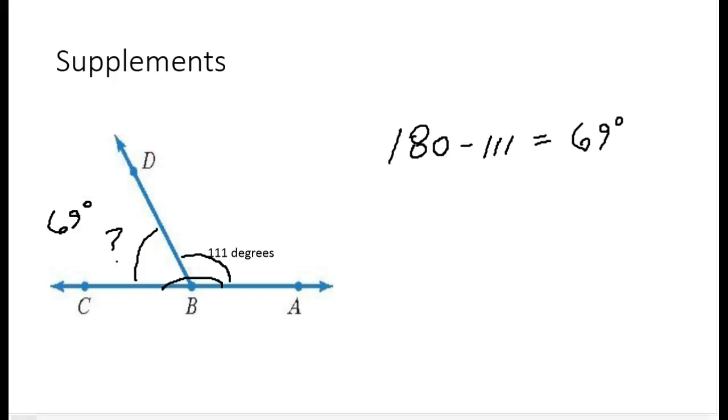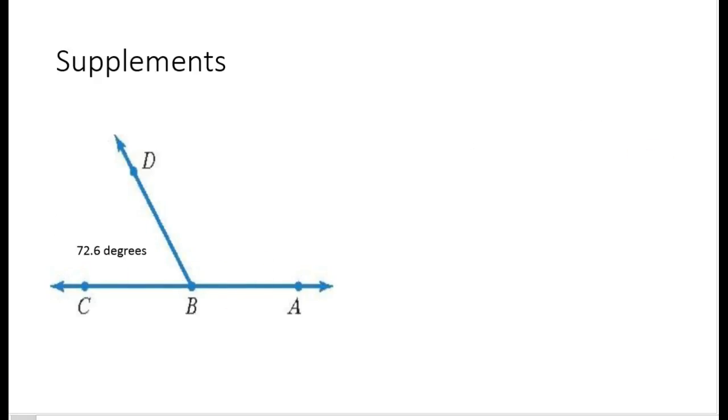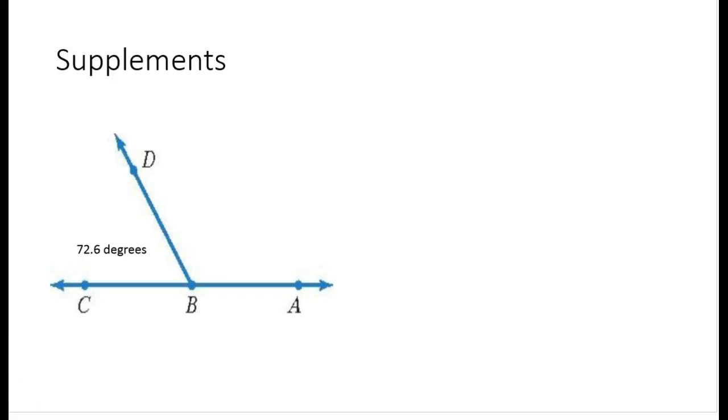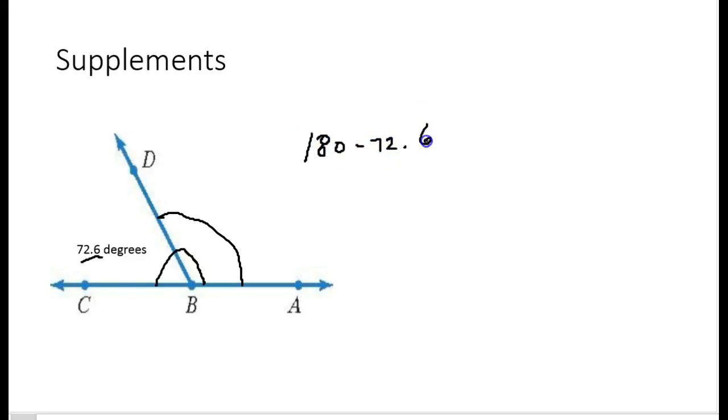See if we've got another one here. Here, these two angles are supplements also. Since they're on a straight line, that complete angle there is 180 degrees. This one is 72.6. So to find the measure of this angle, I would say 180 minus 72.6. What does that give me?